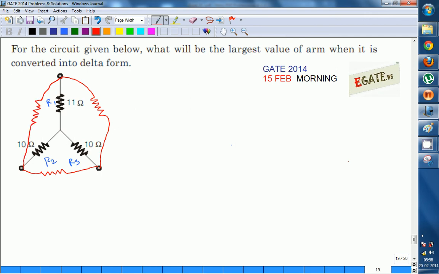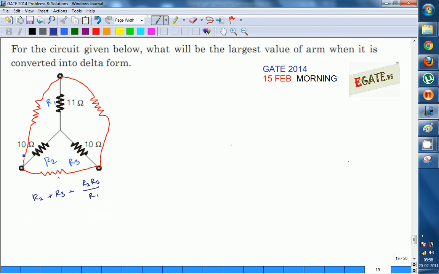This is the question asked. If you are going for the opposite of R1, it can be written this way: R2 plus R3 plus R2 R3 divided by R1.